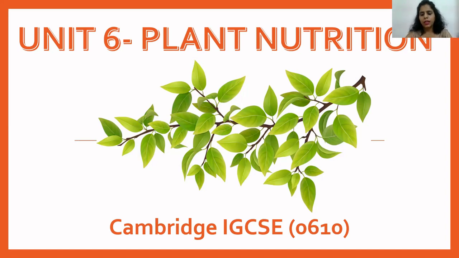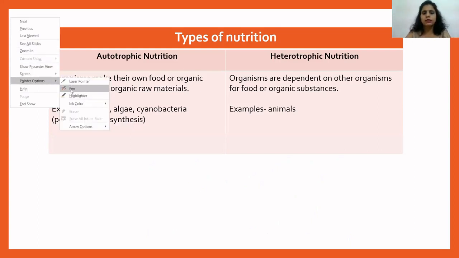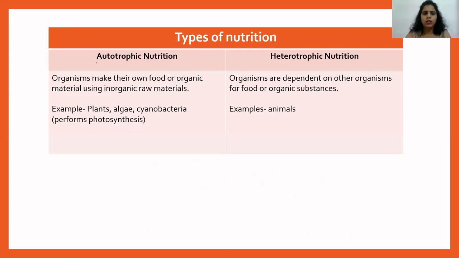Now, as you have studied in the lower classes, there are actually two types of nutrition. First one is autotrophic and the second one is heterotrophic nutrition. The meaning of the word auto is self, on their own. So the organisms prepare their food, or you can say they make organic material by using inorganic raw materials.